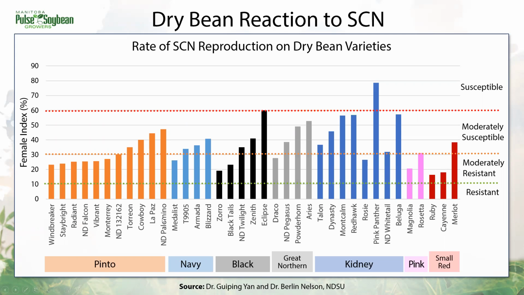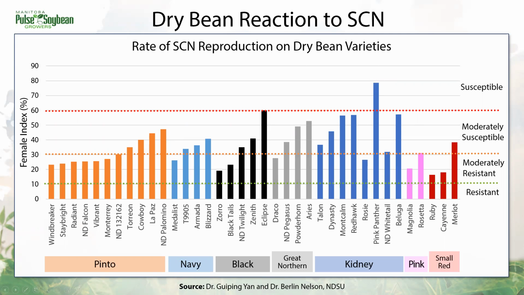If we compare that to La Paz or ND Palomino, quite a bit more susceptible. In black beans, Eclipse is especially susceptible, while Blacktails and Zorro are more moderately resistant. And if we look especially at Pink Panther kidney beans, those are the worst hit with nearly 80% female index, quite susceptible.